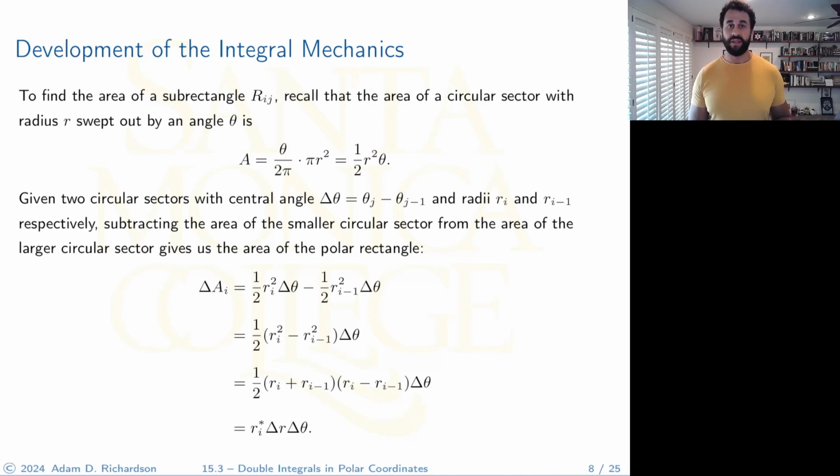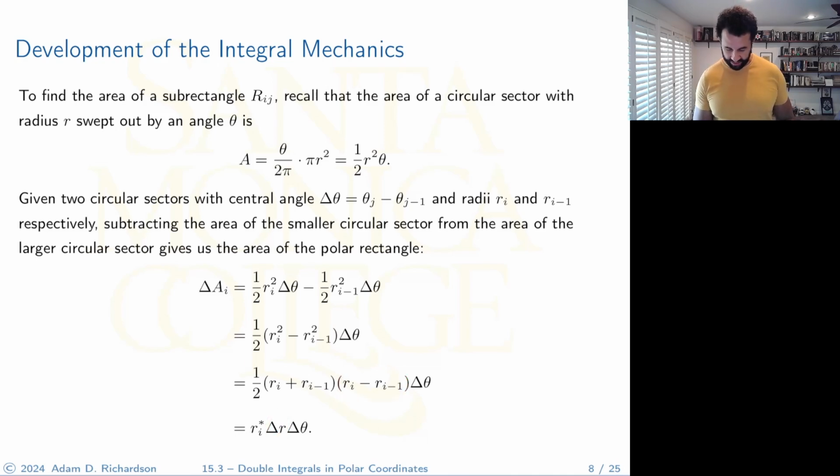And then when you do a little bit of manipulation, a little bit of massage, you can rewrite this delta A sub i like so. This is actually a difference of squares. So you get that. But remember that r sub i minus r sub i minus 1, that's delta r, the change in radius, right?